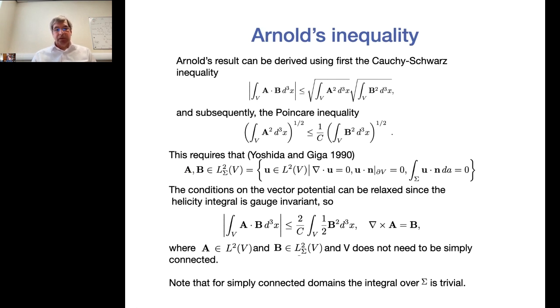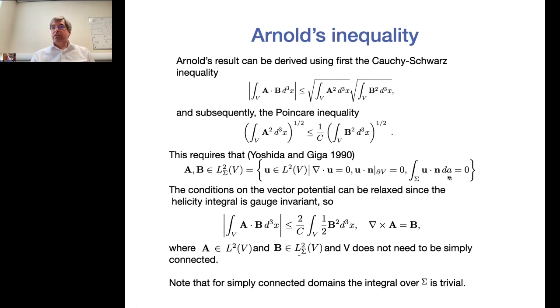That is the square integrable vector fields which are divergence-free, tangent to the boundary, and also satisfy a zero flux condition. That is, if you integrate over an arbitrary cross-section, sigma, of your domain, then the total flux vanishes.